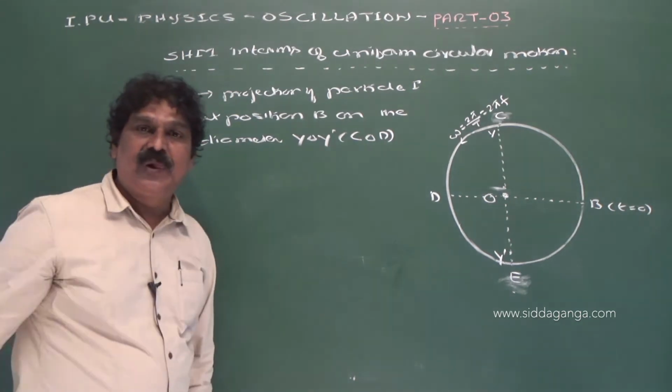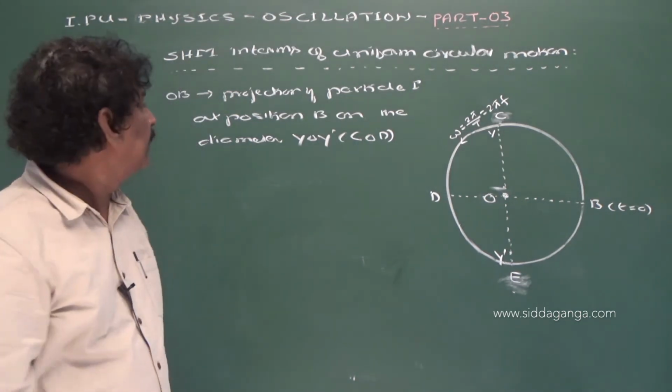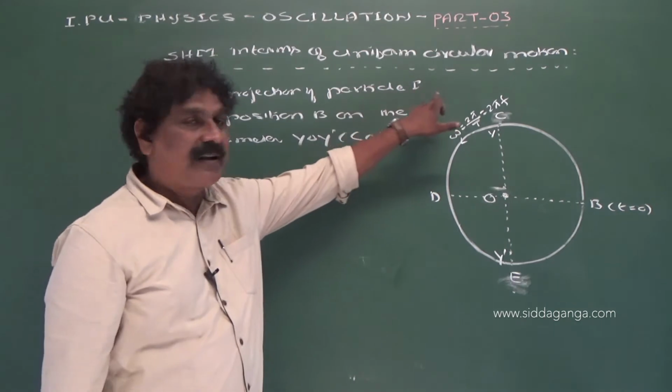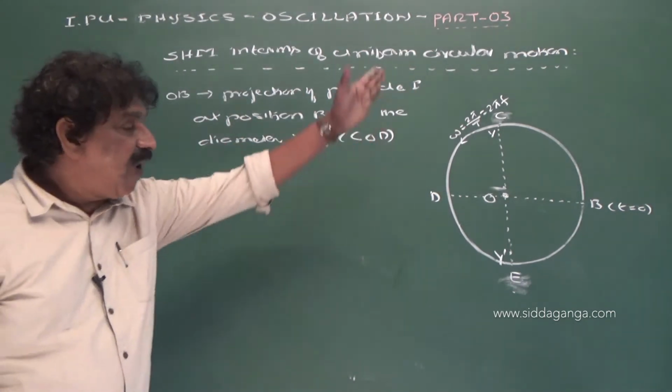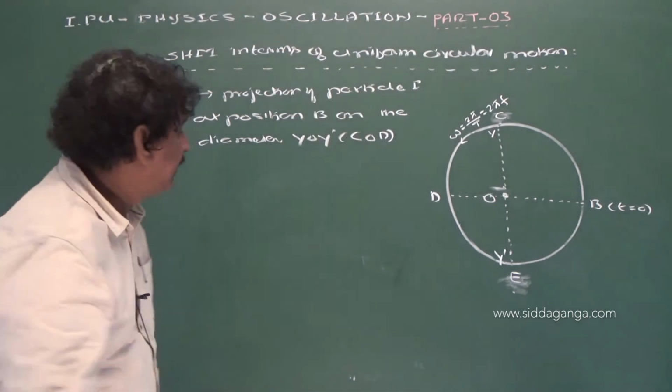That line OB is called projection of particle P at position B on the diameter.